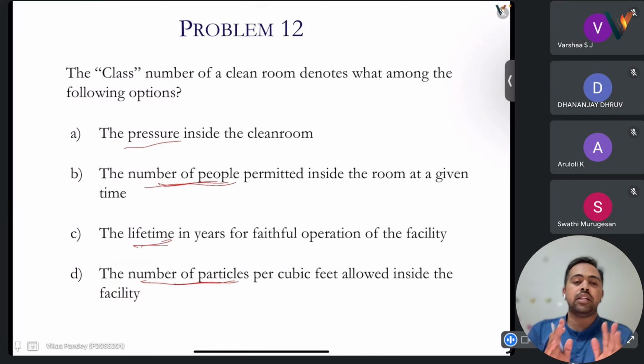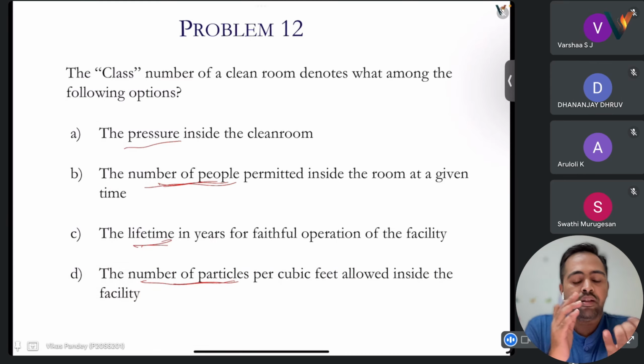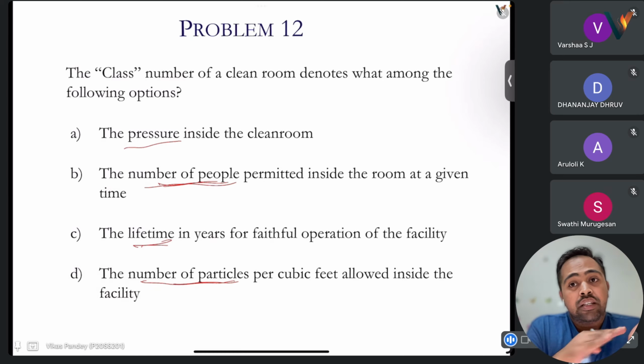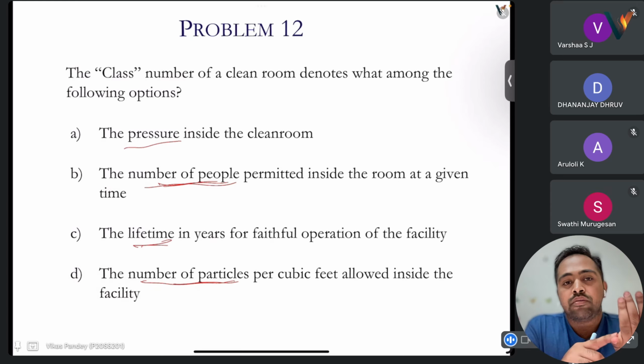Actually, the first thing is that whenever we are doing any kind of microfabrication, there is a very interesting question I will put someday, that there are different classes of clean rooms starting from class 1.